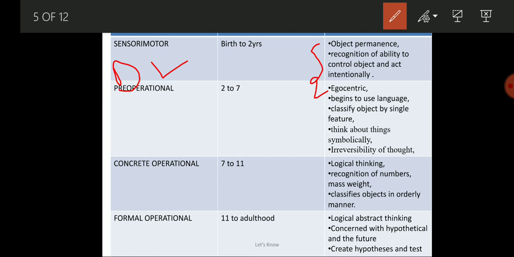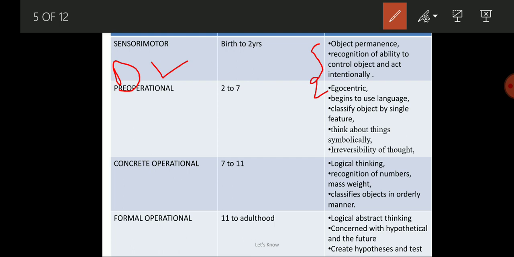The next one is the concrete operational stage, which is from 7 to 11. Logical thinking, recognition of numbers, mass, weight, classification, classifies objects in an orderly manner. Concrete means something which he experiences by his hand or can visualize.